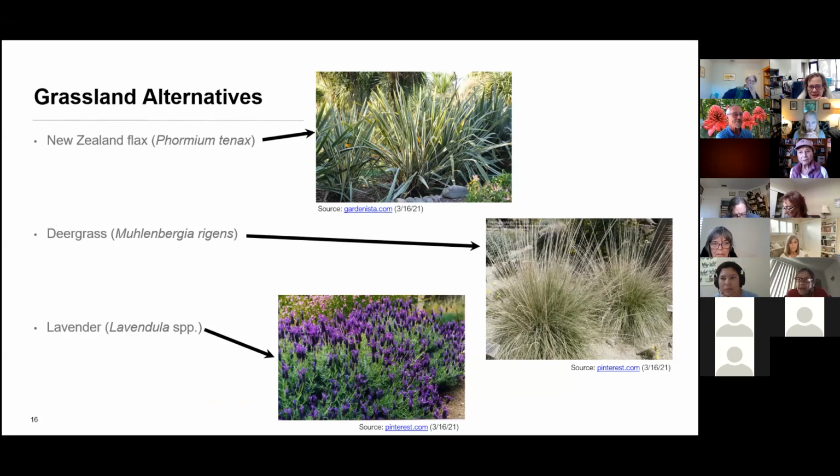And one last question came in. What are they doing to get rid of the water hyacinths? Well, the California Department of Boating and Waterways sprays it and mechanically removes it every year.